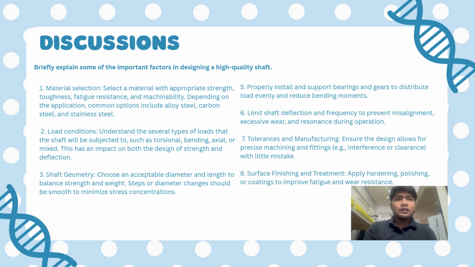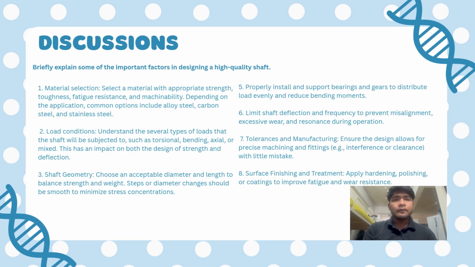Then, tolerance and manufacturing. Ensure the design allows for precise machining and fittings, for example, interference or clearance with little mistake. Okay, lastly, surface finishing and treatment. Apply hardening, polishing, or coatings to improve fatigue and wear resistance.